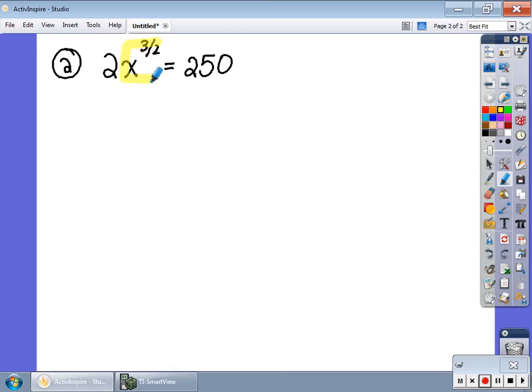I don't want to worry about that 3/2 just yet. I'm worried about this 2 right here. And so in order to get the variable all by itself, we need to divide by 2 on both sides. And so when I divide by 2, we get x to the 3/2 on the left. 250 divided by 2 is 125. And again, what we did is we divided by 2 on both sides.